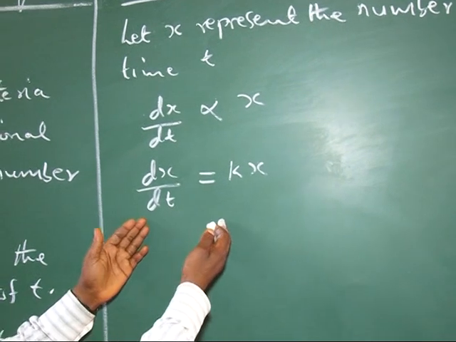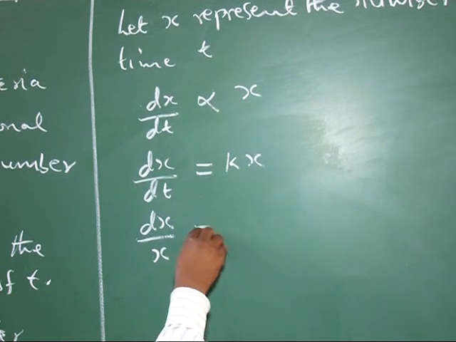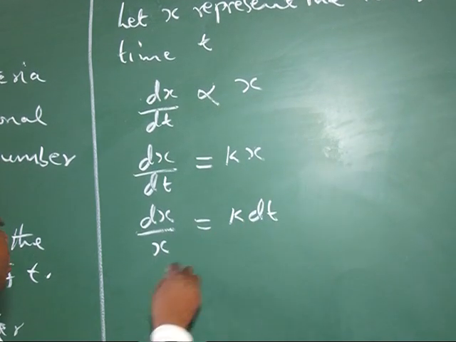So by separation of variables, we can write dX over X is equal to K dT.